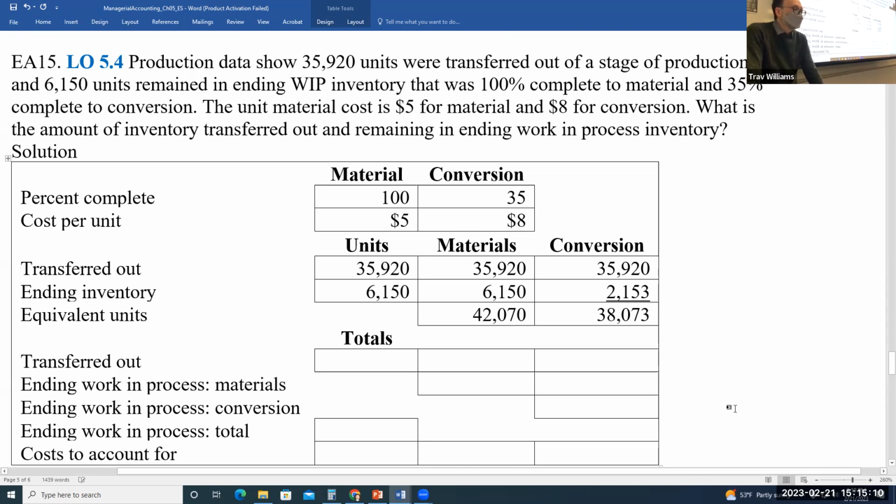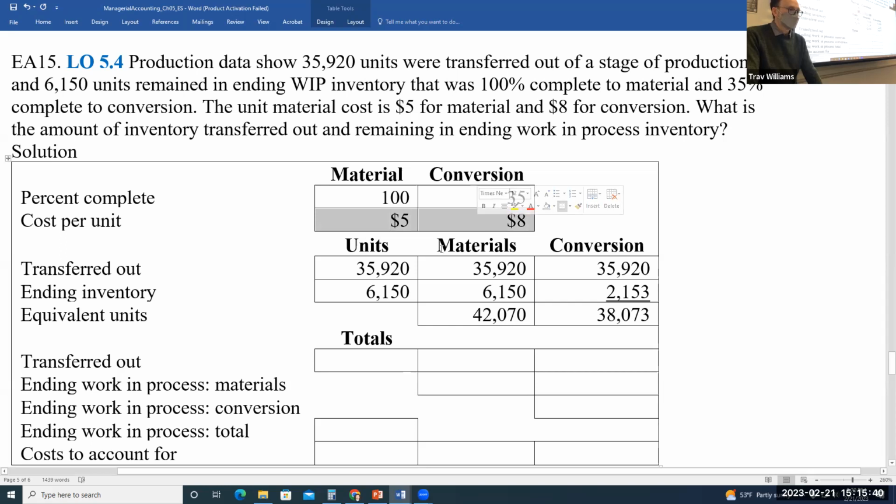Okay, any questions so far? So we've got our units, we've got our cost per unit. How do we figure out the total cost of what got transferred out? Add the material and the conversion cost per unit together.